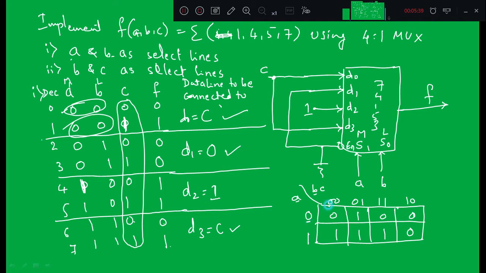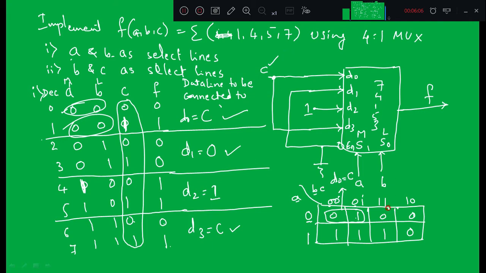These two cells you need to group and compare. If they are different, then compare with the third variable. C is 0, C is 1, so output is 0, output is 1. So they are same. So D0 is equal to C, right? Is it same as the previous method?